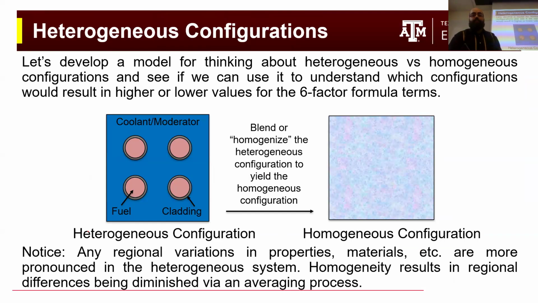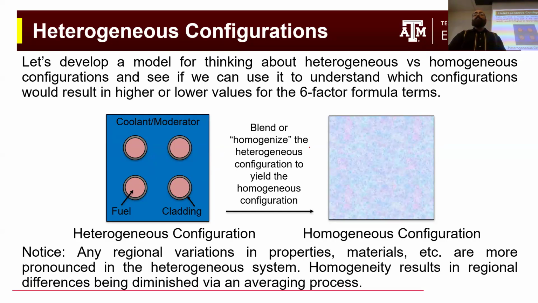A heterogeneous configuration is the detailed treatment of the fact that this system has different parts. If you're looking at a lattice of fuel elements, you've got fuel surrounded by cladding, and then you've got a coolant and moderator. Each of these regions is distinct, and each is going to have different cross sections and different material properties.